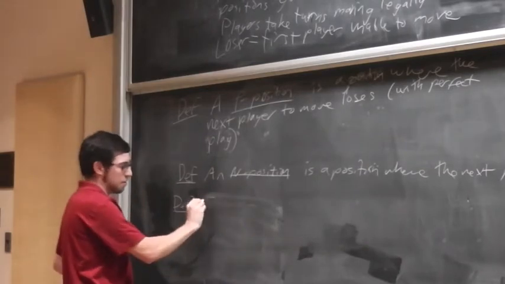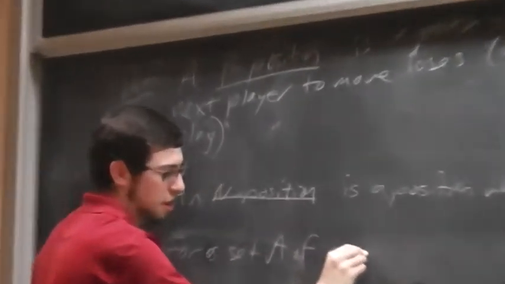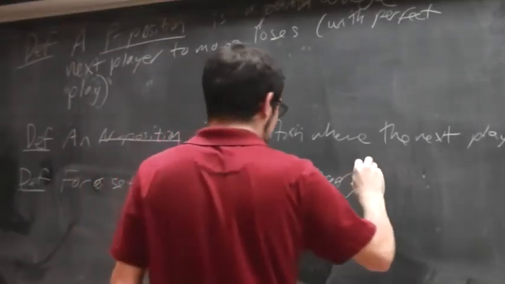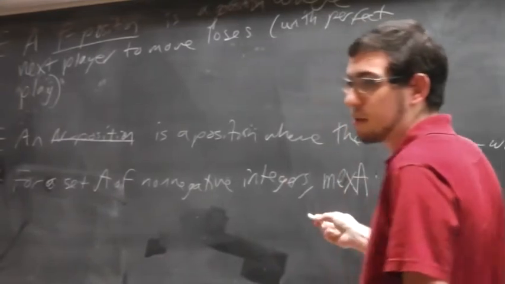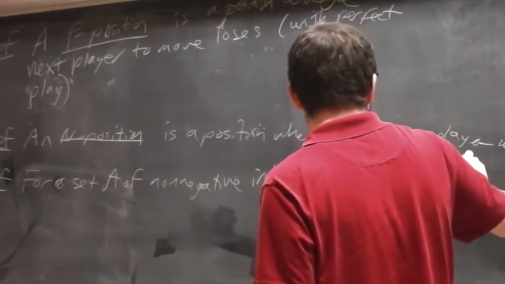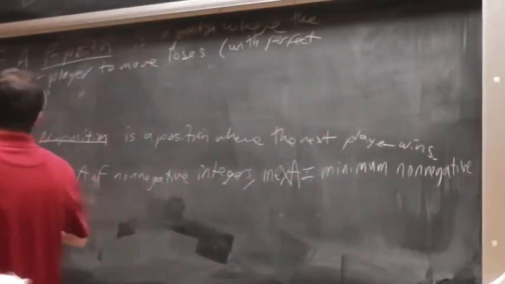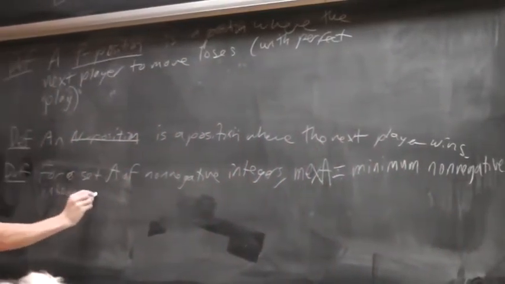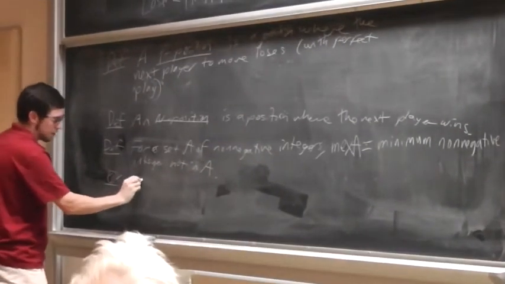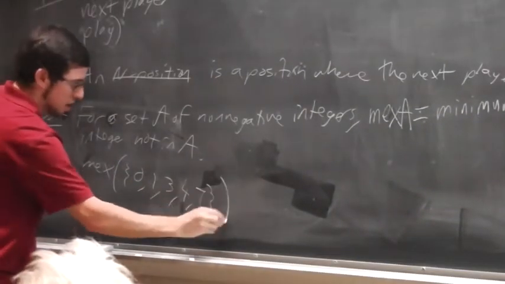So for a set of non-negative integers A, mex of A, mex standing for minimal excluded element, is the minimum non-negative integer not in A. So for example, mex of {0, 1, 3, 4, 7} equals 2.